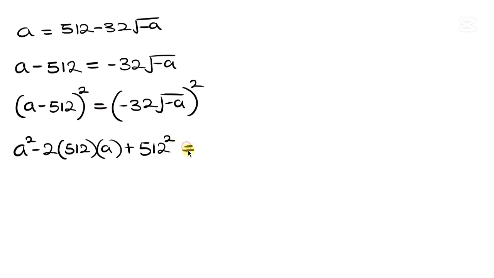So equal to, now for the right hand side, this square is affecting the negative 32 and is also affecting the square root of negative a. So this is written as negative 32 squared times the square root of negative a squared. Good. So this becomes a squared.